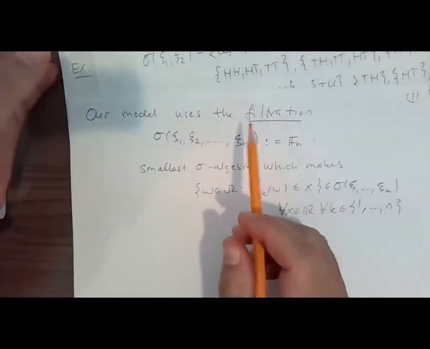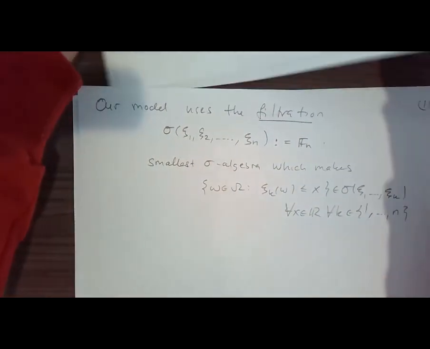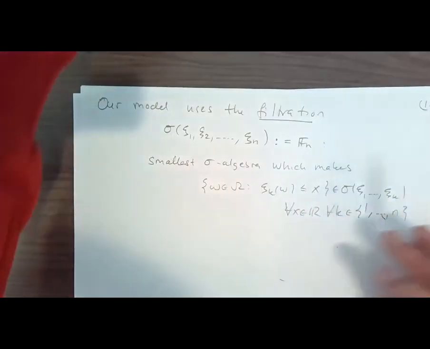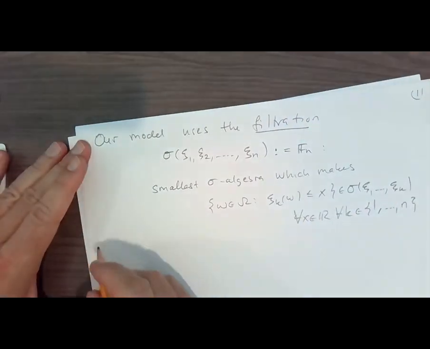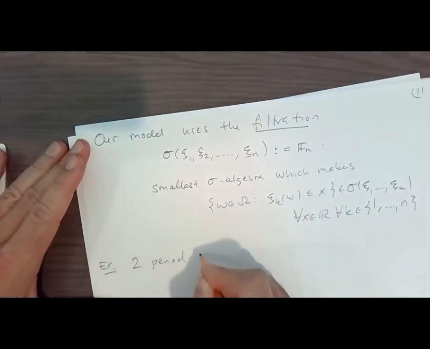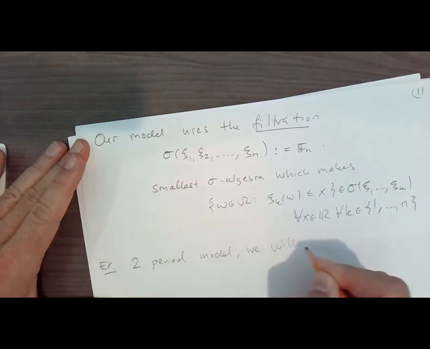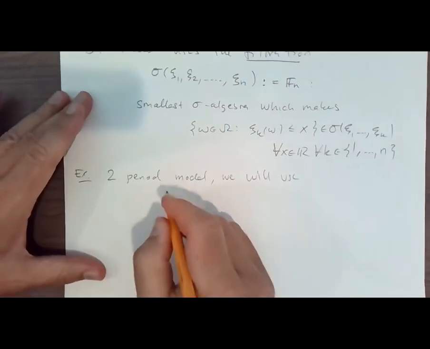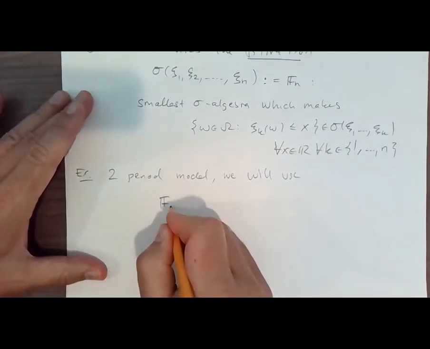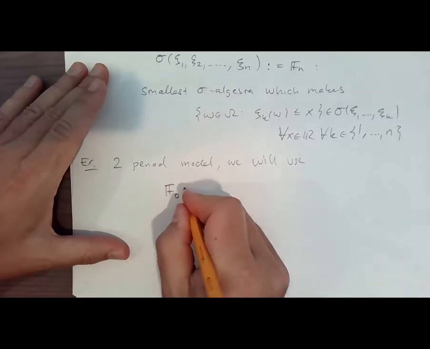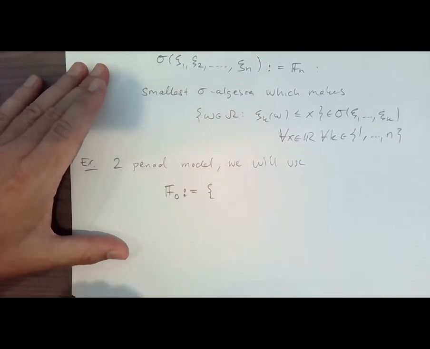So in our case, we have the two-period model. In a two-period model, we will use F0, which is the first one. That's going to be a very easy one.